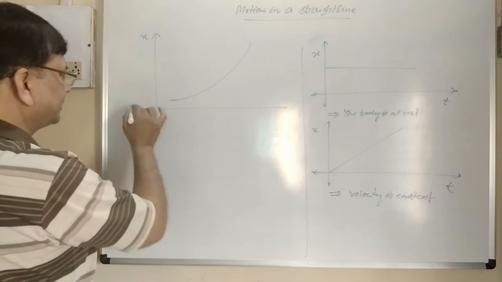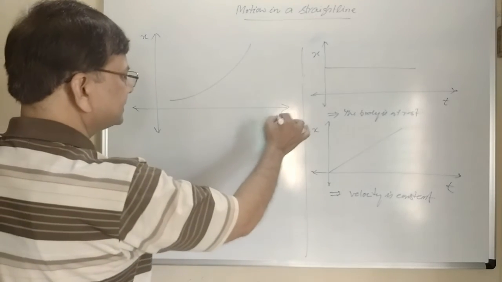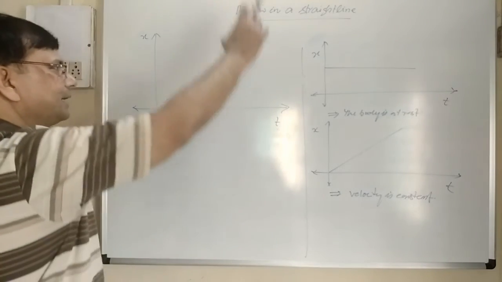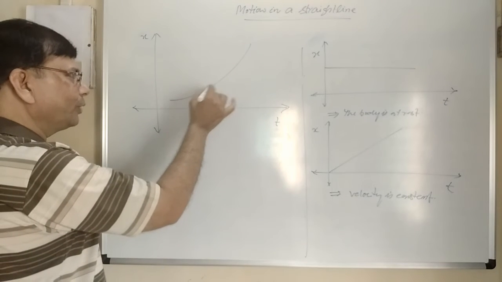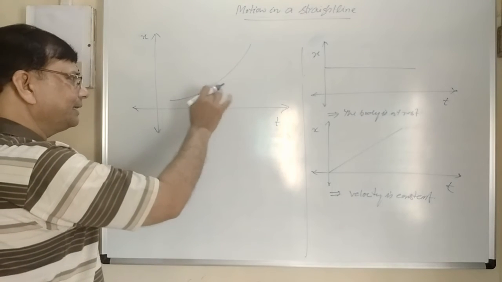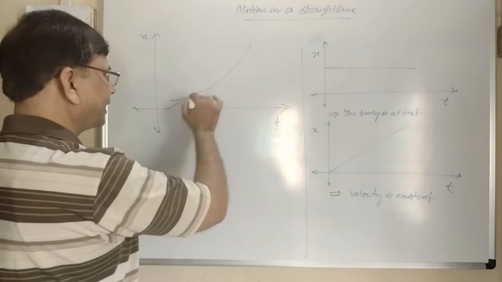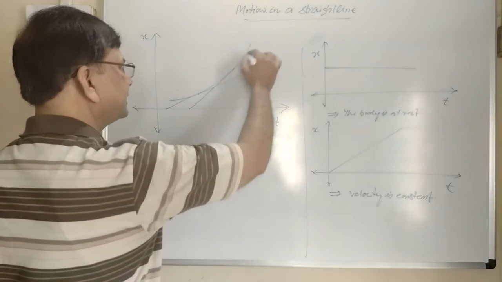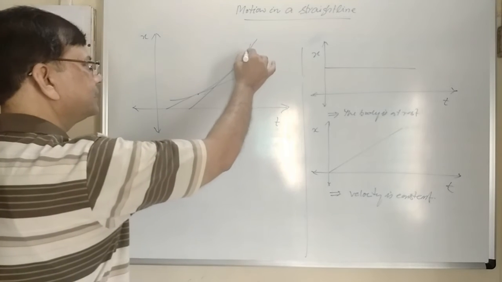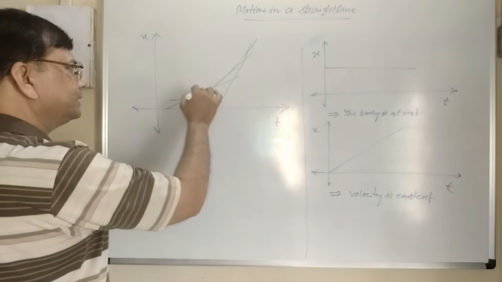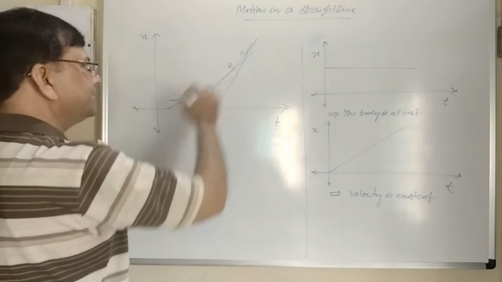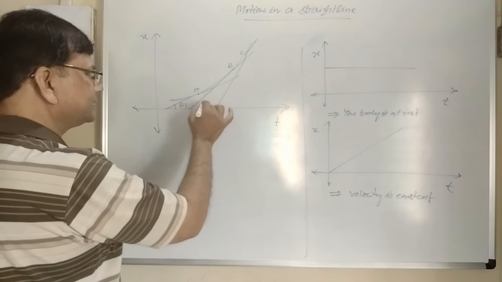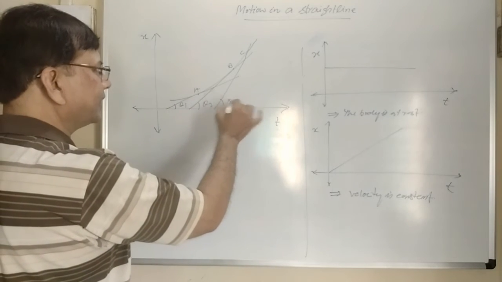This is x, of course it is displacement, and this is time. The graph is like this. If I draw a tangent at this point, and at this point, and at this point, they are A, B, C. This is theta 1, this is theta 2, this is theta 3.